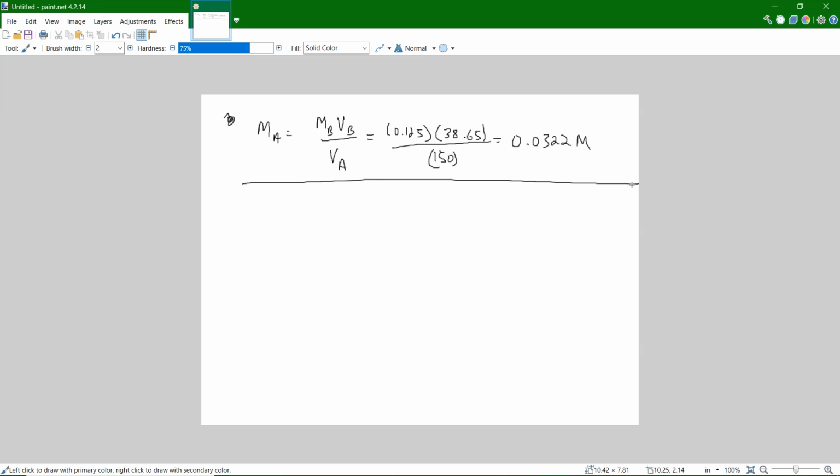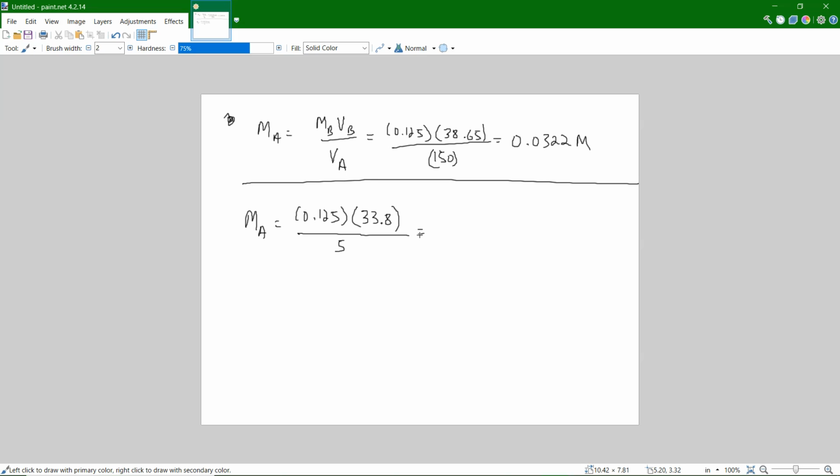So my molarity of the acid, it wasn't worded that well, that question, is the molarity of the base, 0.125, times the volume of the base, 33.8, over the volume of the acid, and that's going to be 5.